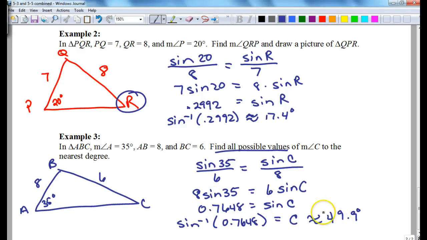The thing about this is, think about how many degrees are in a triangle. 180, right? Okay? So, it's possible that I could take 180 and subtract 49.9 from it. And what do I get? I get about 130.11.